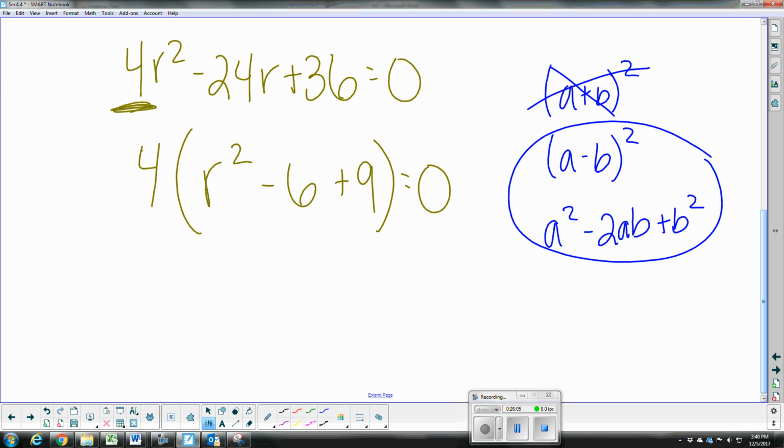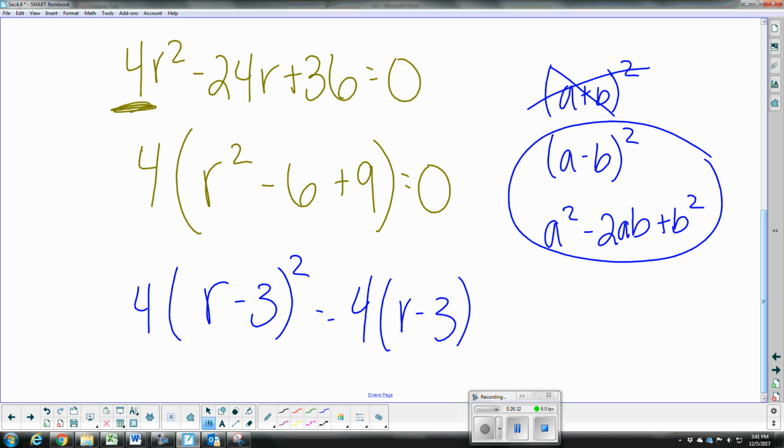And negative 6 is negative 2 times 1 times 3. So that's how I can do this one quickly. You can do it the other way and you'll get the same answer, but just as a shortcut. So we've got 4 times r minus 3 squared. Now that's the same as 4 times r minus 3 times r minus 3.